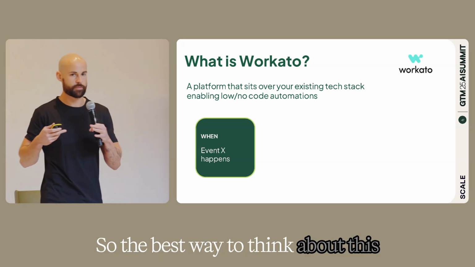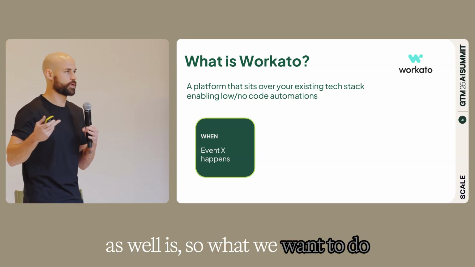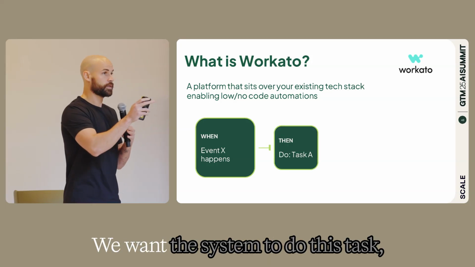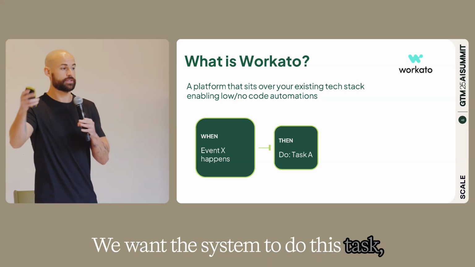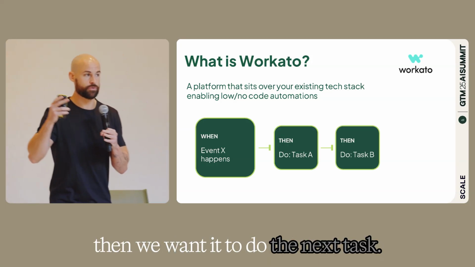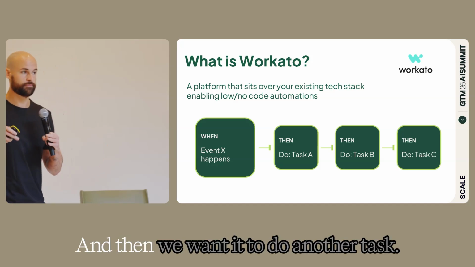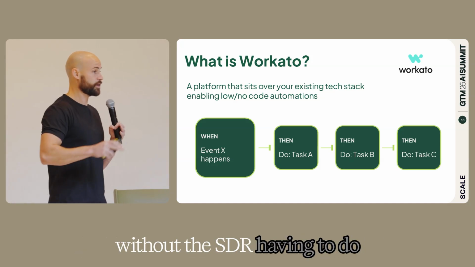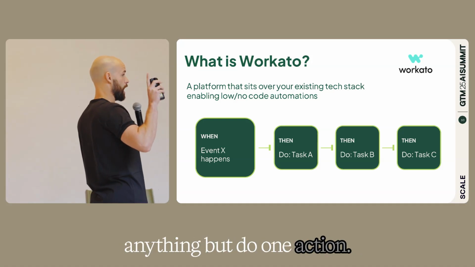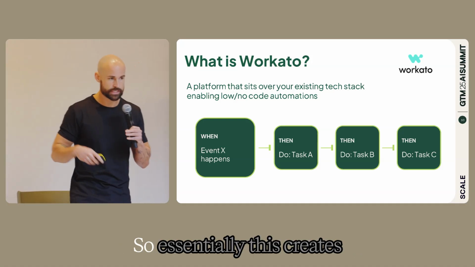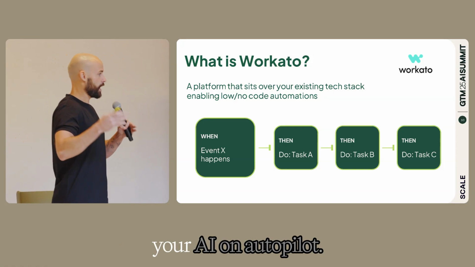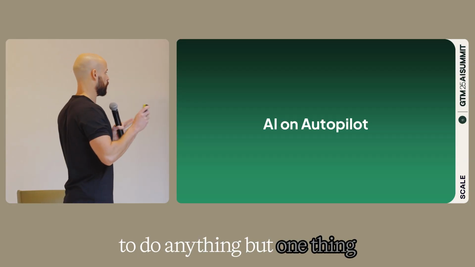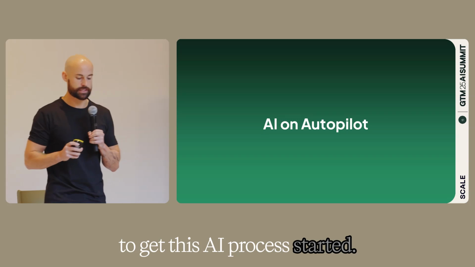The best way to think about this is, when something happens, we want the system to do this task. Then we want it to do the next task, and then another task. And we want all of this to happen without the SDR having to do anything but one action. So essentially, this creates your AI on autopilot. Your team is not having to do anything but one thing to get this AI process started.